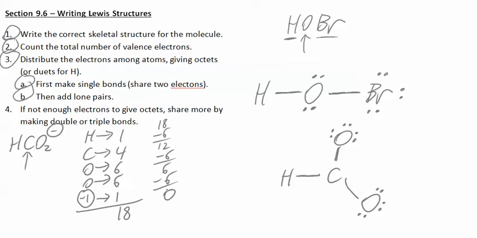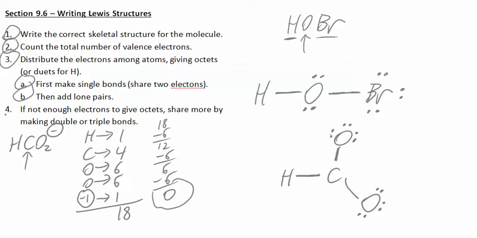Now I've used up all my electrons, and everybody's happy. Hydrogen has 2, one oxygen has 8, and the other oxygen has 8. But carbon, unfortunately, is sharing only 2, 4, 6. Carbon needs more. We can't just add dots to carbon because we're out of electrons.